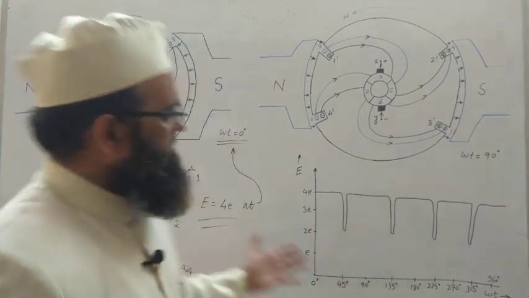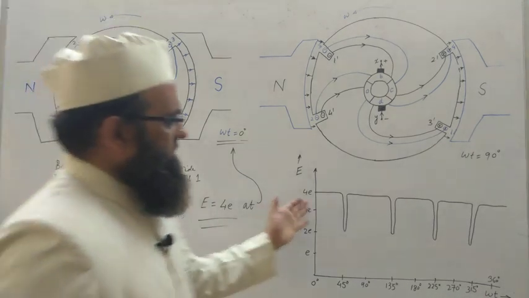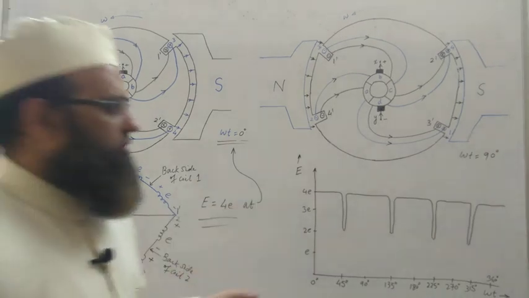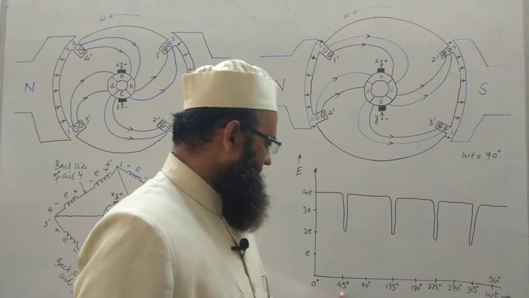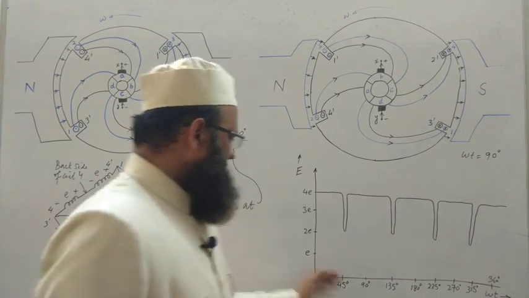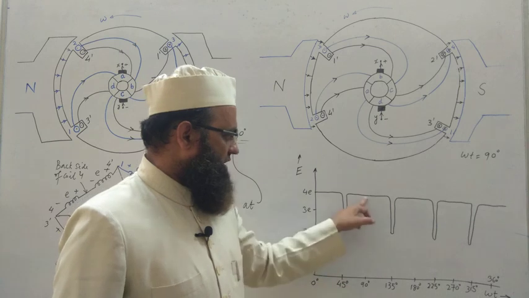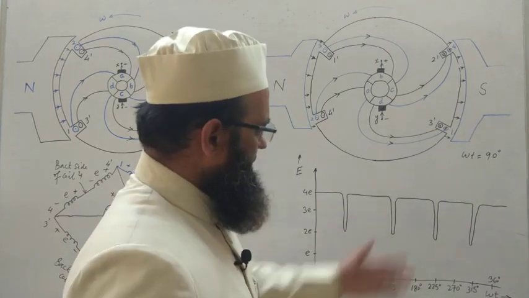You can observe the speed of this rotor, that is frequency. So in one cycle, how many such dips will be obtained? You can observe, because we have taken just three moments: 0 degree, 45 degree and 90 degree. At 0 degree 4 is there, at 45 degree 2 is there, at 90 degree again this is there. You can try it at home, right?